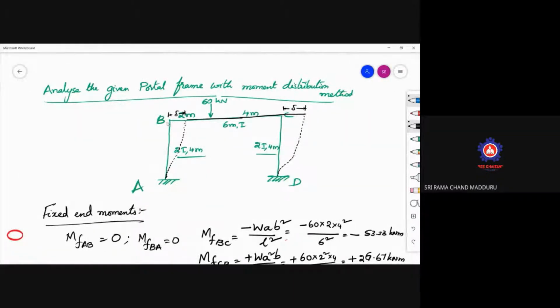When you are writing BA, the relative stiffness of the member KBA is 2I by 4, as the far end is fixed. For BC, KBC is the relative stiffness of the member with respect to B. The C is a continuous support. That's why this is I by 6.